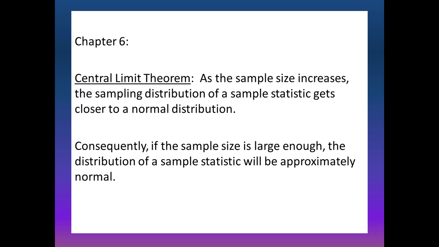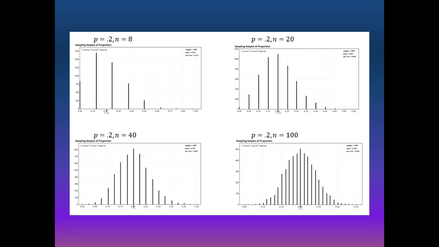The biggest consequence of the central limit theorem is that if you have a large enough sample size, the sampling distribution will be approximately normal. These four pictures are supposed to illustrate that idea. If you look at the picture in the upper left, that does not look normal at all. It's heavily skewed, it's heavily right skewed, but then again the sample size is only 8. If you move over to the one that's in the upper right, that looks better.